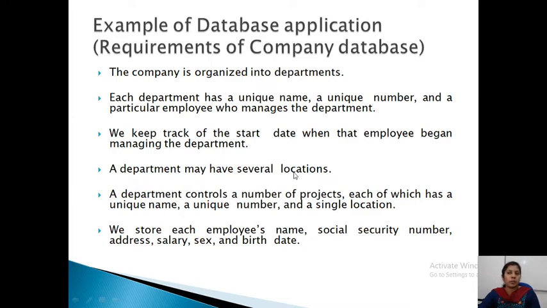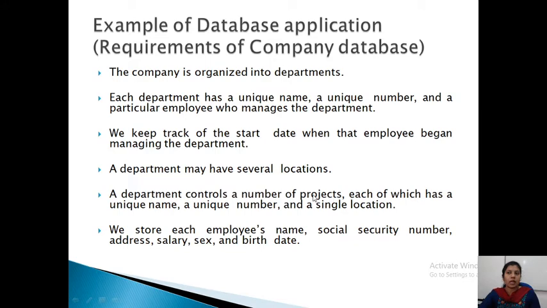A department may have several locations. Since they have mentioned several locations, that means it is a multi-valued attribute. Location is the multi-valued attribute. A department controls a number of projects.